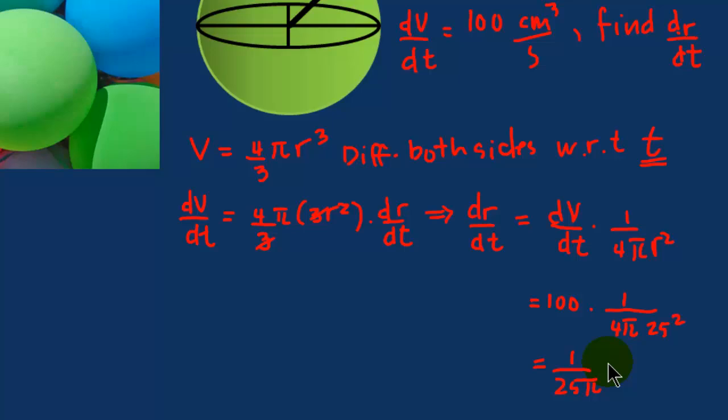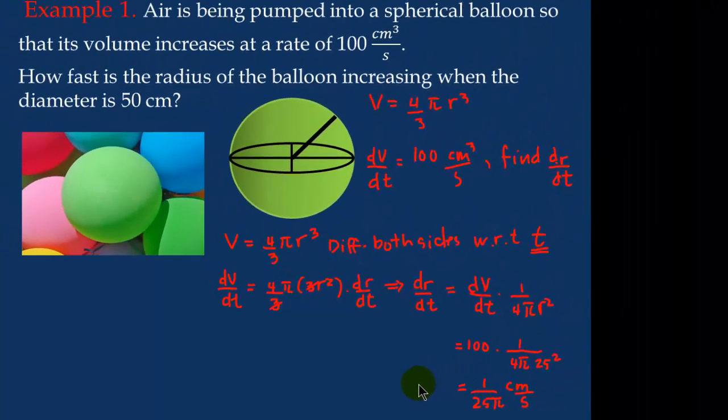And the unit of measure is cubic centimeters on top, divided by a square of the centimeter, gives us centimeters per second. So this is now the rate of increase of the radius at the instant where the diameter was 50 centimeters.